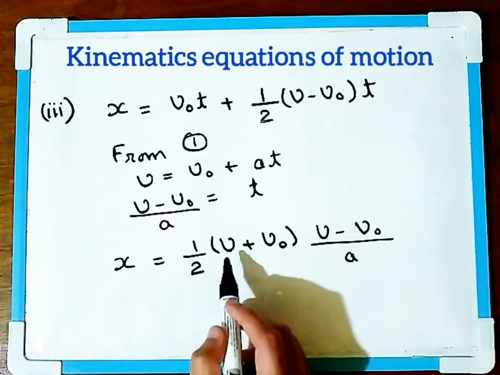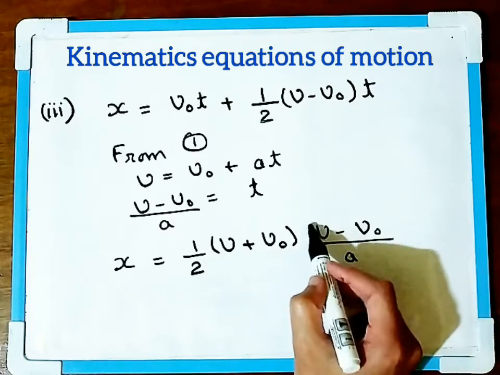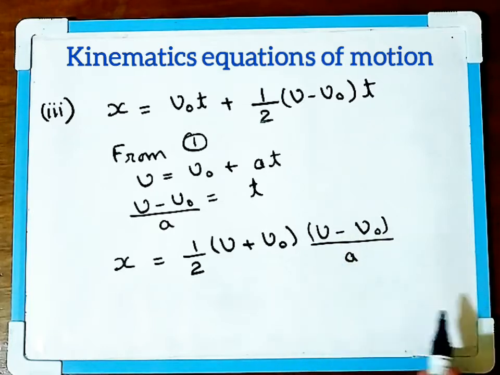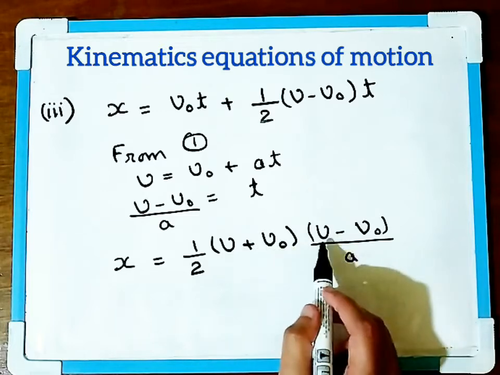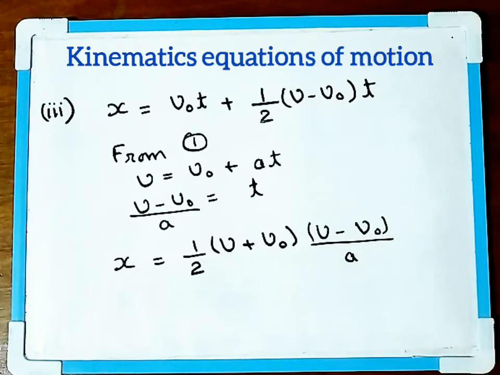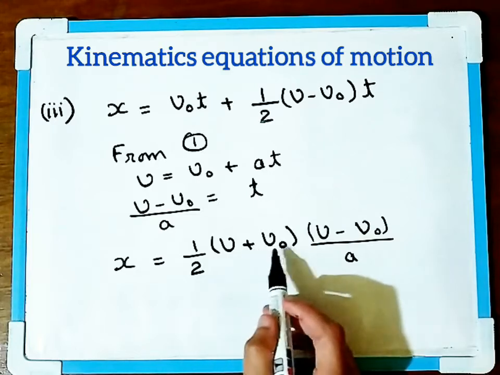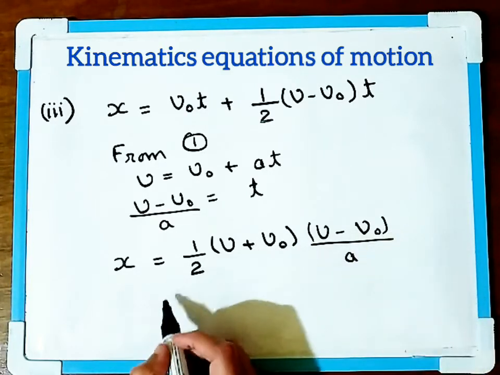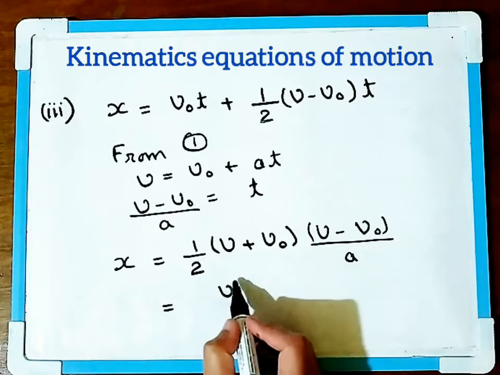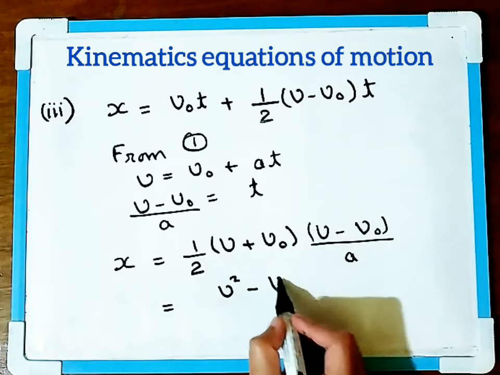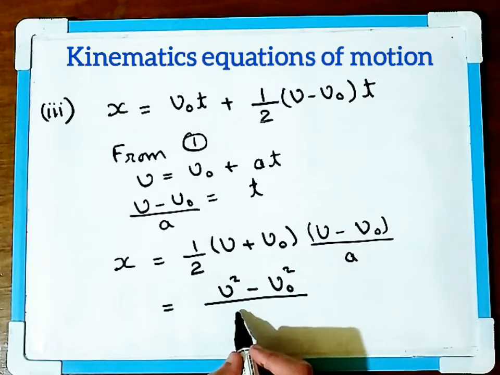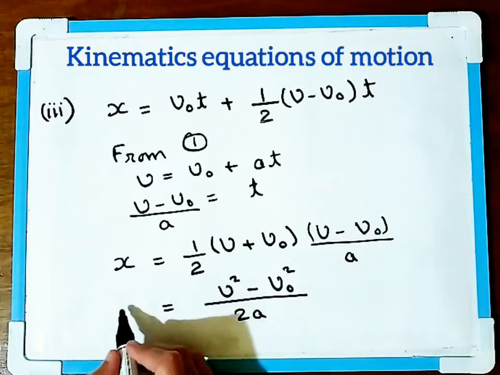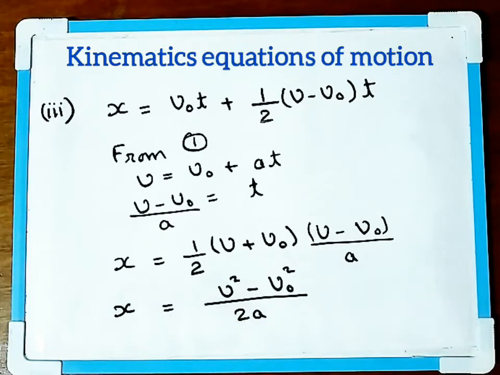So here we have half (v plus v naught) into (v minus v naught) divided by a. You can use the mathematical formula: (a plus b) into (a minus b) gives a square minus b square. So here (v plus v naught) into (v minus v naught) gives v square minus v naught square divided by 2a. So this is the displacement x, and again you can bring this here.